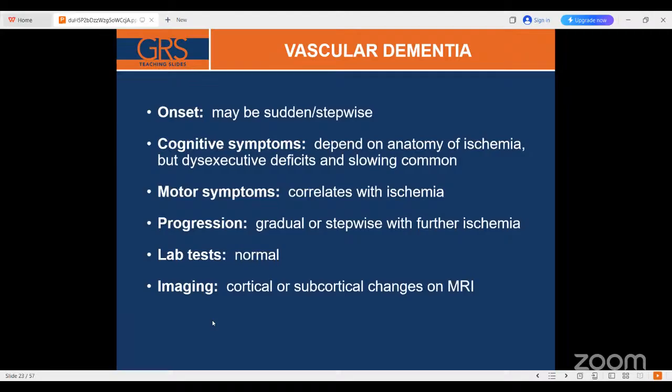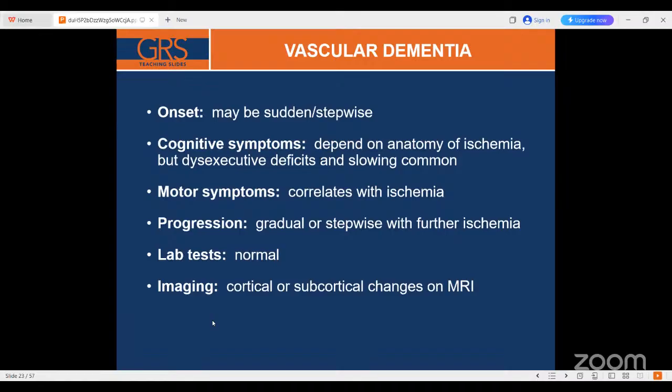Then we have vascular dementia. Vascular dementia usually has a sudden onset and stepwise progression. The main symptoms depend on the anatomical area of ischemia or hemorrhage, with correlated motor and sensory symptoms based on the area of the brain affected by the vascular cause.